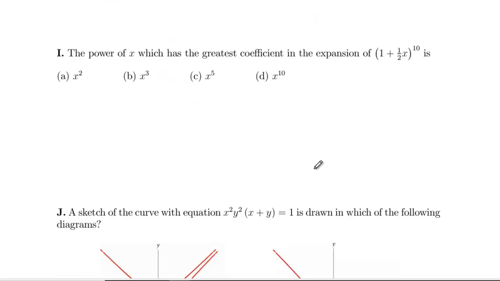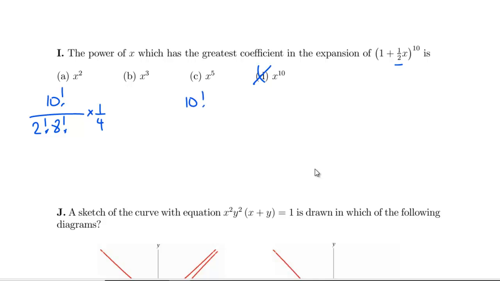Then we've got I. The power of x, which has the greatest coefficient in that expansion, is what one? Well, it's definitely not going to be that one. So if we got an x squared, our coefficients are going to be 10 factorial over 2 factorial, 8 factorial, but that's going to have 2 lots of a half in there, so that's going to be times a quarter.